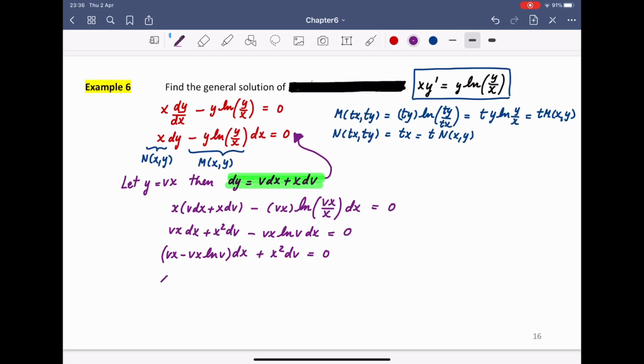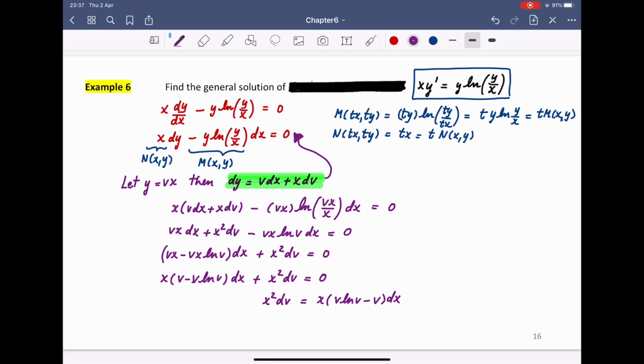So you get x times (v minus v log v) dx plus x squared dv equal to 0. You can make it a lot easier by keeping x squared dv on the left and moving all the other terms to the right hand side. So you're going to get x times (v log v minus v) dx.